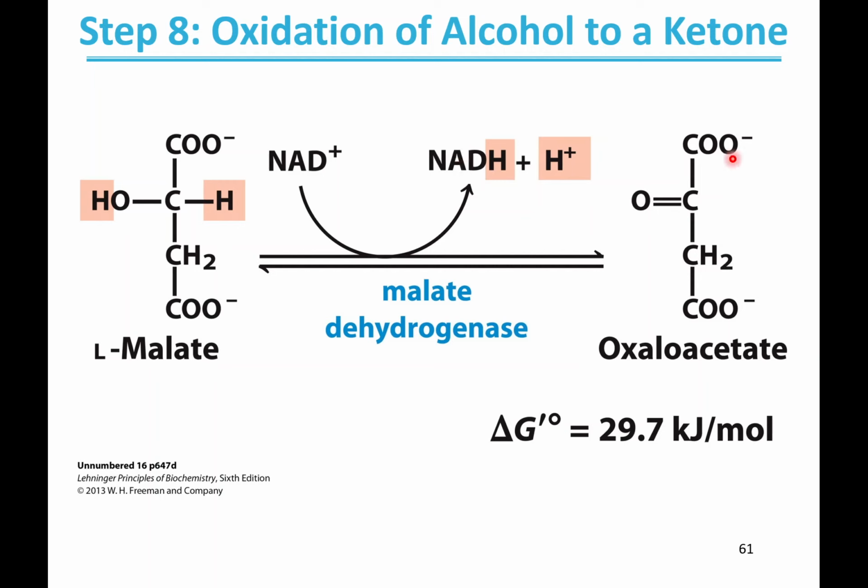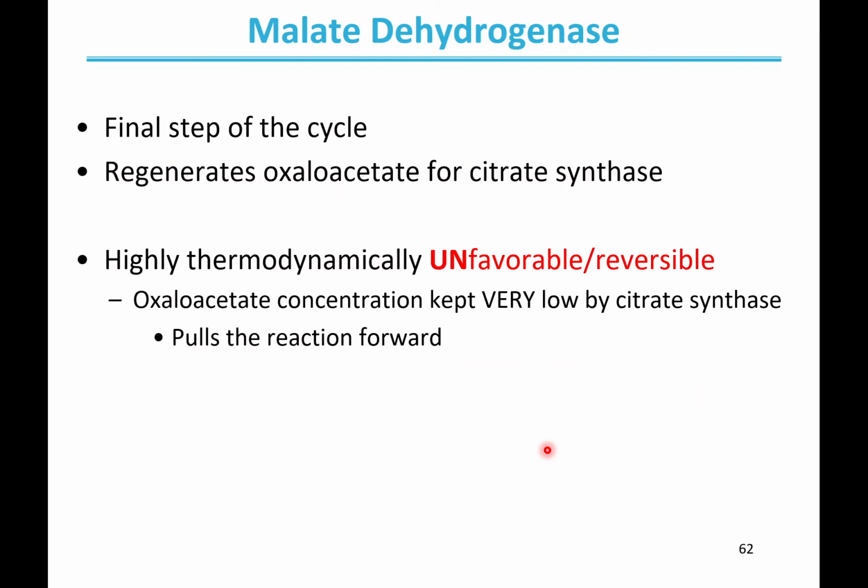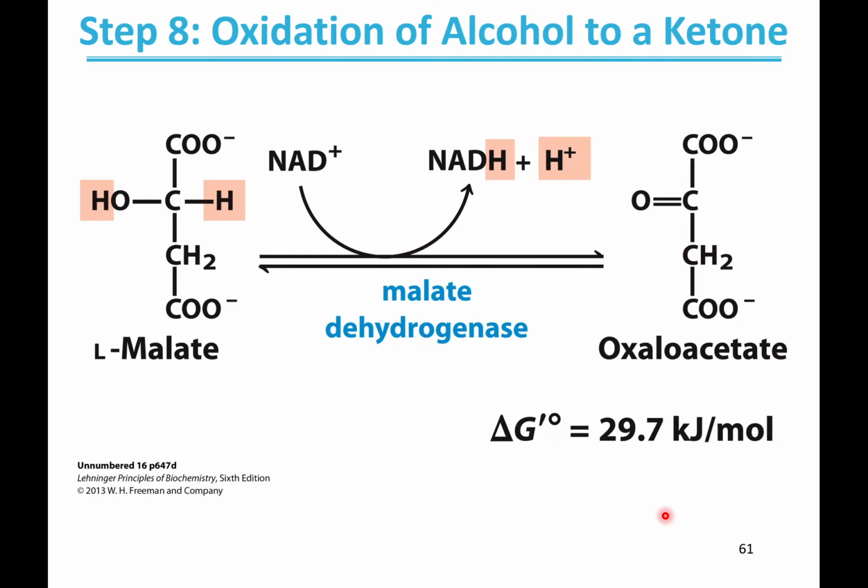And when that's done, we have that 4 carbon compound, with 2 acids on each side, 1 ketone and 1 methylene, which is oxaloacetate. Okay, you'll notice that this is not very favorable, which is one of the key differences between this step and the other steps in the citric acid cycle.